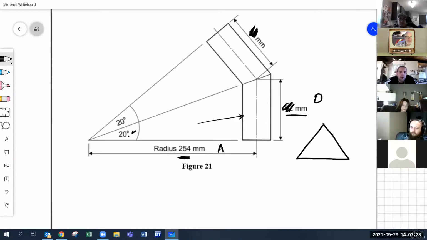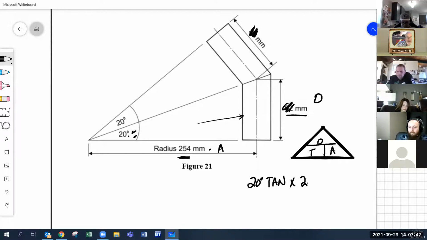So we can use the formula TOA, where we take the angle and multiply it by the radius here. So it's going to be 20 degree tan times 254, and that comes out to 92.